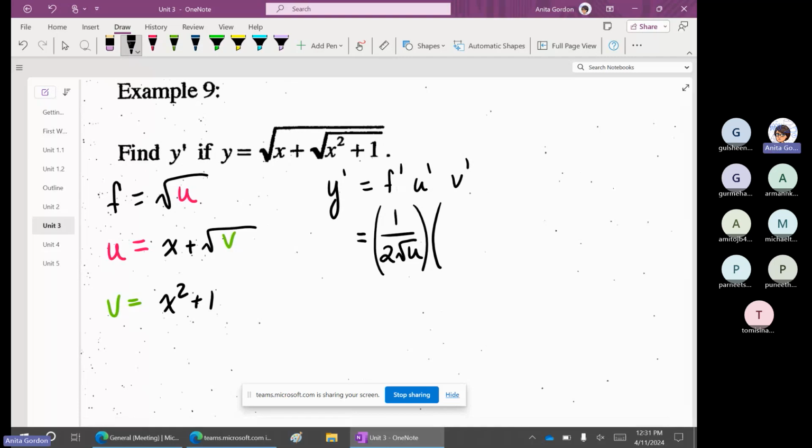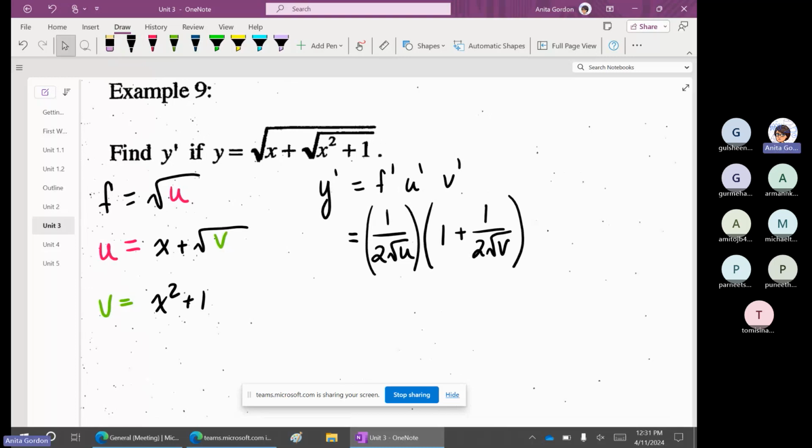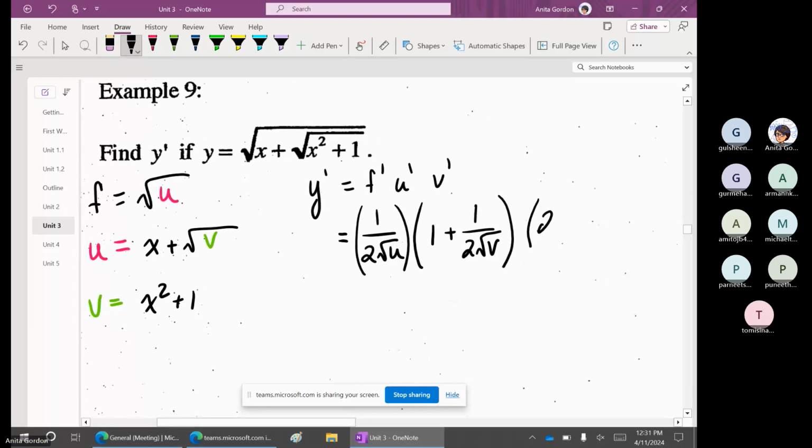U prime, 1 plus 1 over 2 root v. Happy with that? Yeah. Okay. V prime, 2x. Done. Okay, so now 2 and 2 cancel. And I'm going to put this x just up here in the numerator, right?